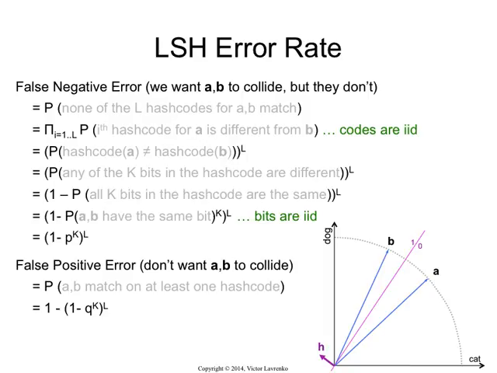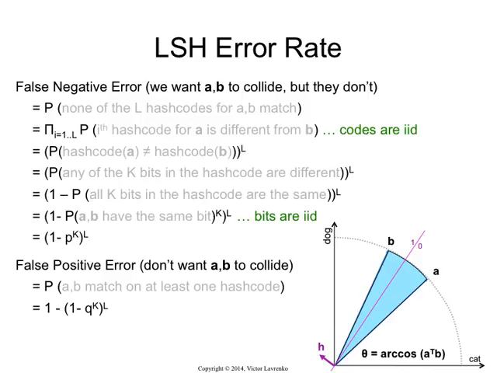So if I have a hyperplane that happens to cut between A and B, then B is going to have bit 1 and A is going to have bit 0. So the probability that A and B have a different bit is just the probability that a hyperplane lands between them. Now, what is the probability that a hyperplane falls between two vectors A and B?